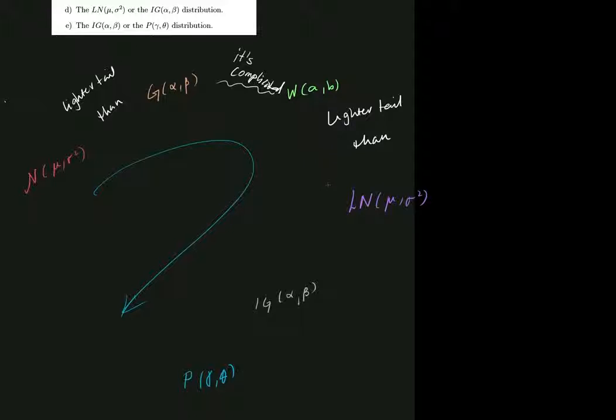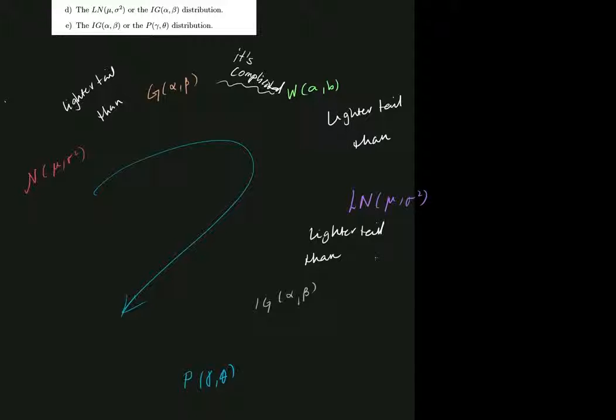And when we take the log normal distribution and compare its tail with the inverse gamma distribution's tail, we also see that the log normal distribution has a lighter tail than the inverse gamma distribution's tail.